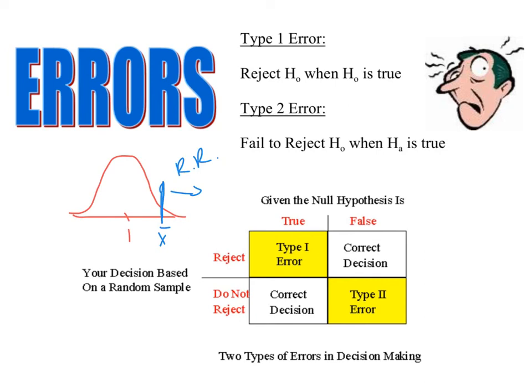What that means is that there is 0.05 area in that tail. Now, here's the thing about type 1 error. There is a 0.05 probability of being in this tail if the normal curve really is centered around 1.